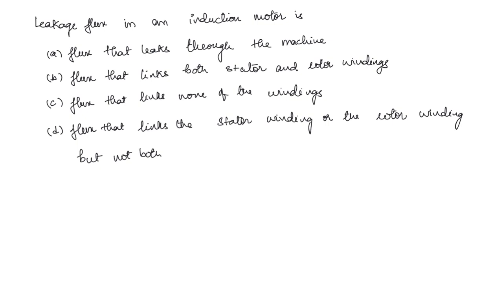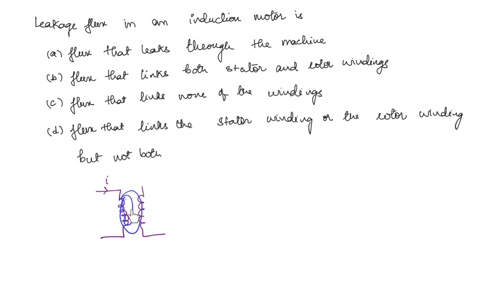When there are two windings, basically the induction machine or for that matter a transformer, how do they work? One winding will have current through it, and the flux that is produced should link the second winding. If it is not linking the second winding, that means if there is a flux which is passing like this, then this is not useful flux.